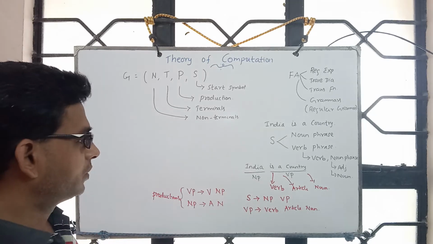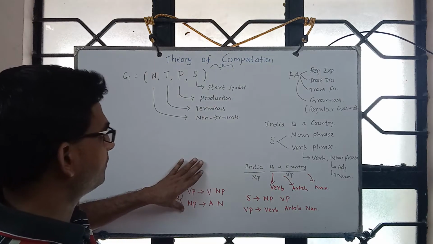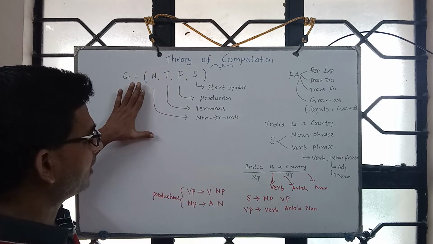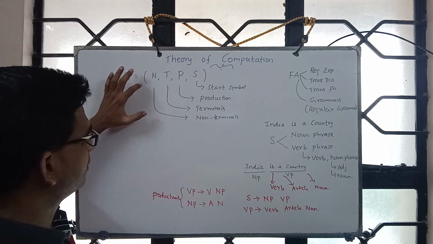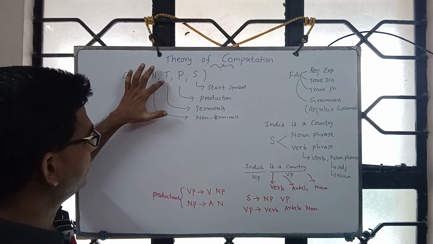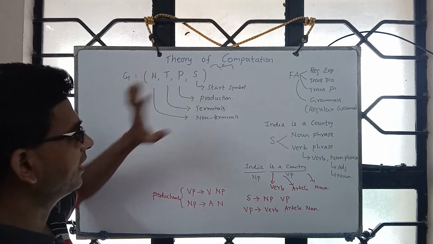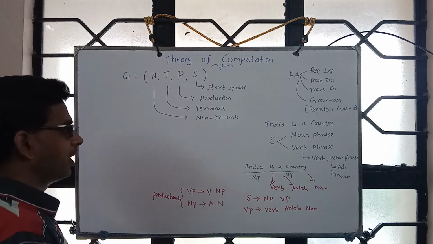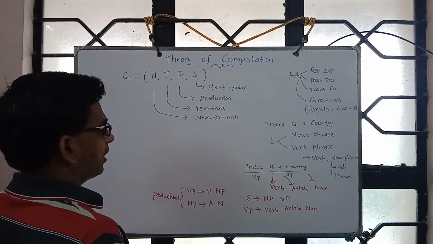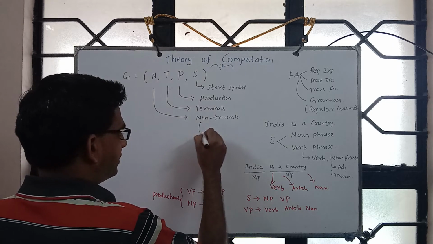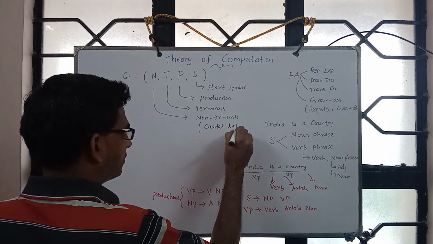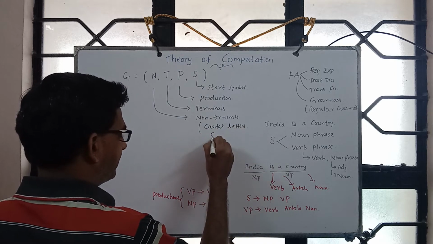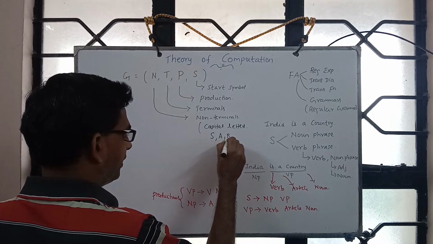Correct? So, analogous to this picture, we want to come up with a grammar consisting of, this is the signature, something called non-terminals, terminals, productions, followed by start symbol. Usually, for non-terminals, we use capital letters, for example, S, A, B, and so on.